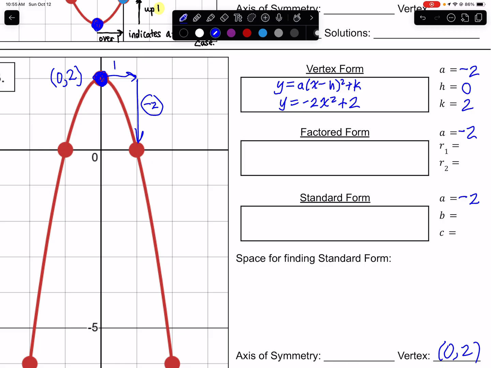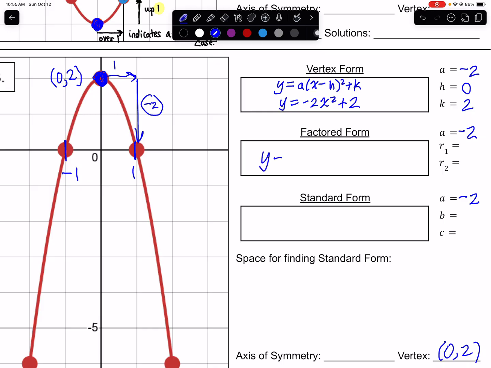All right. Now, where does this graph cross the x-axis? What are my roots? What are my zeros? What are my solutions? Those all mean the same thing. -1 and 1.